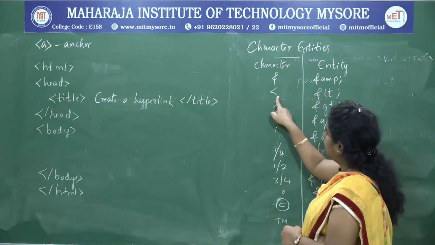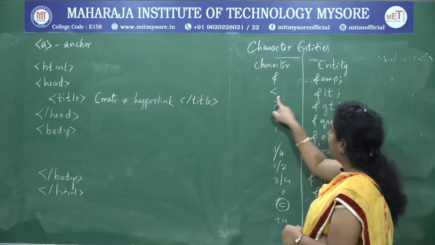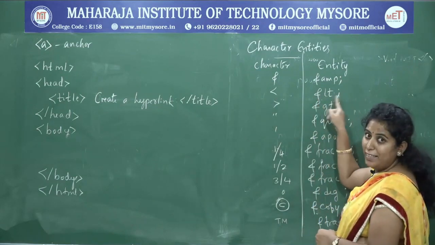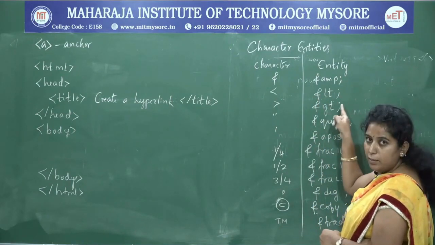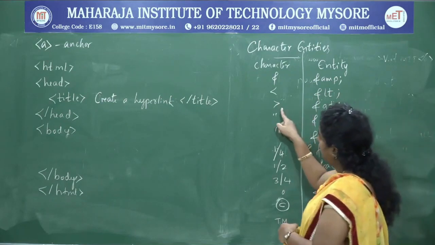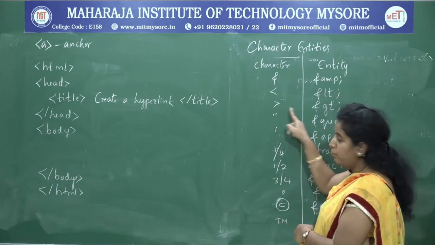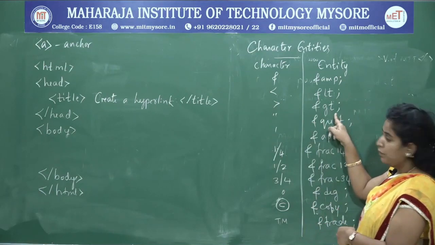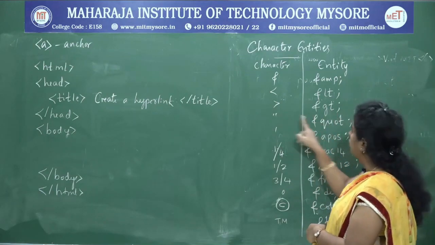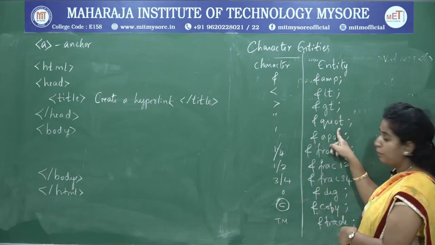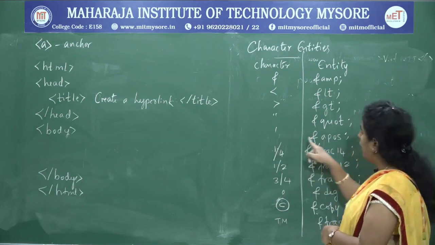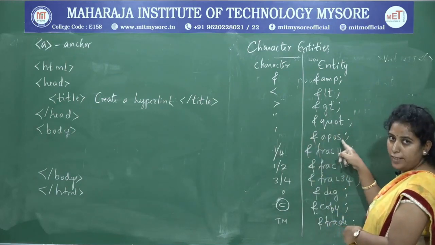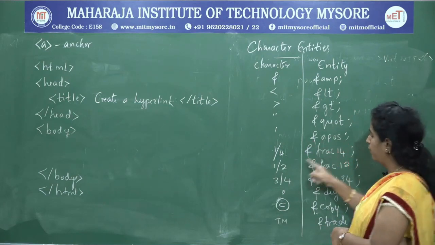Likewise, if I want the lesser than symbol, I need to provide ampersand LT followed by a semicolon. Like greater than symbol, ampersand GT. Then double quotes, ampersand quot. Single quote, ampersand APOS, apostrophe.